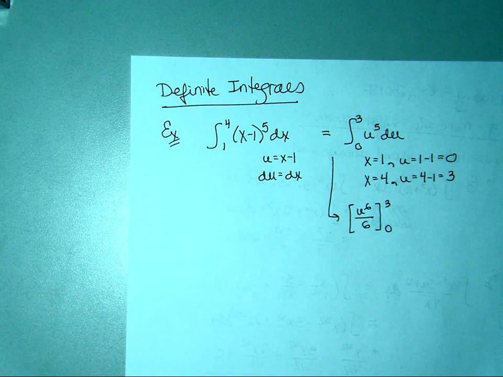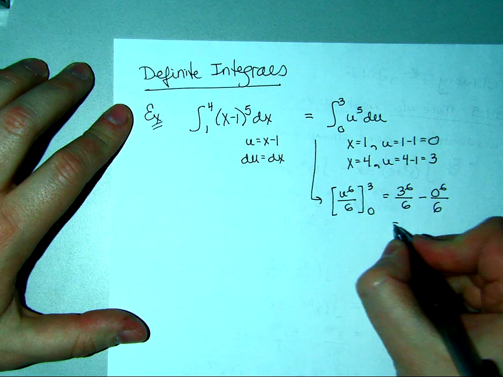Three to the 6th, I don't really feel like thinking about this. Take out the calculator, type it in, that's fine. No, on your quiz, I'll make the number smaller.